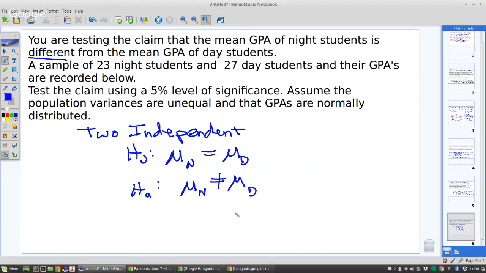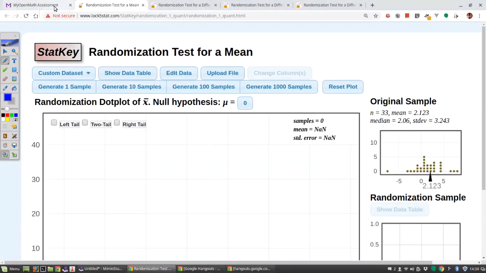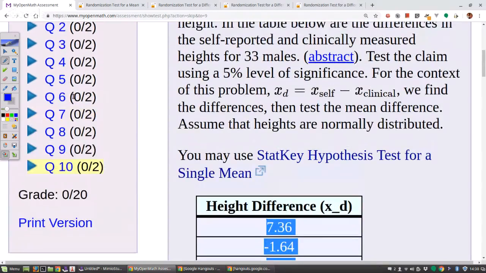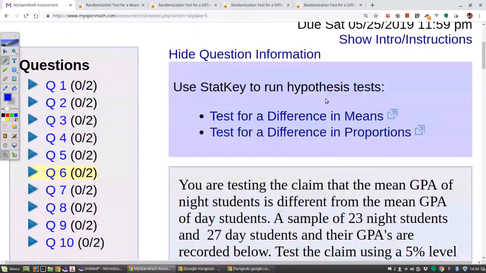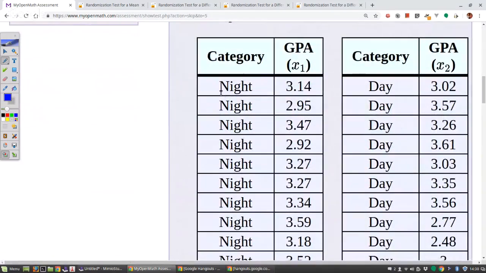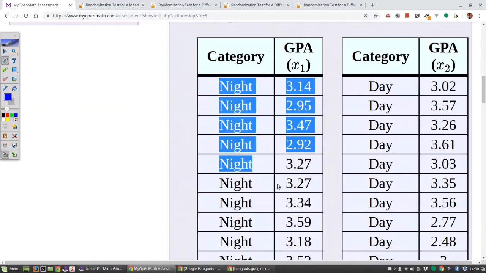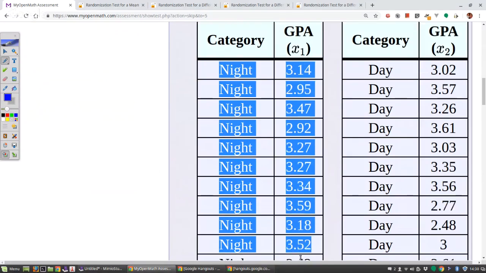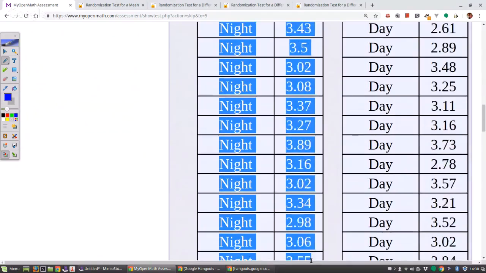To use this in StatKey, since it's not already there, the data has to be in the right format. So somewhere here I had that one, this one, yeah. So here I give a table of night, and notice it's night values, then day values. To copy and paste this in, I would highlight the first table of data.